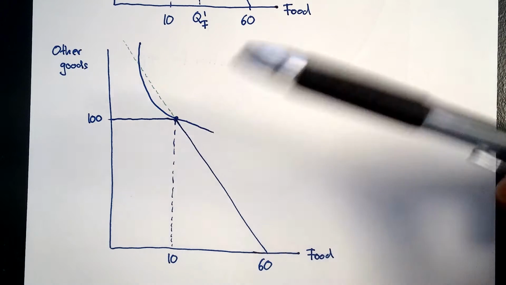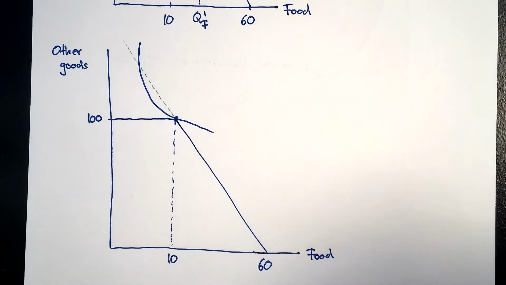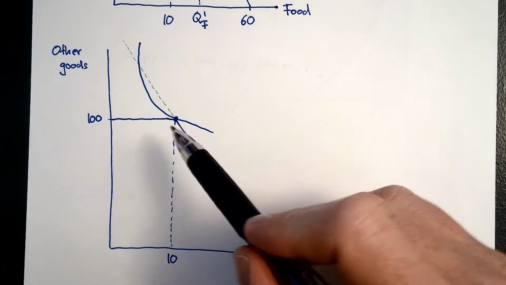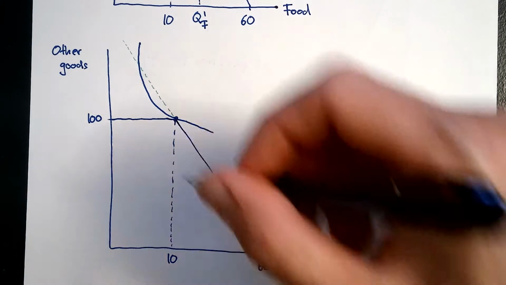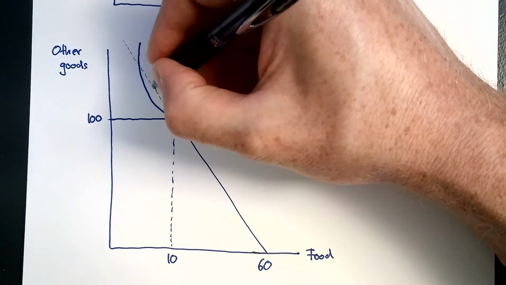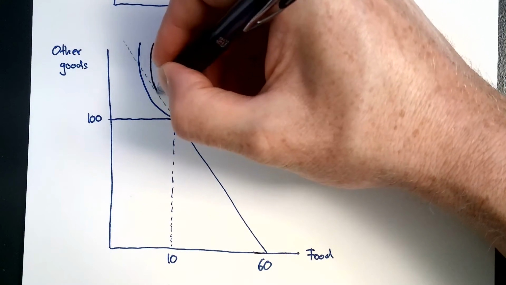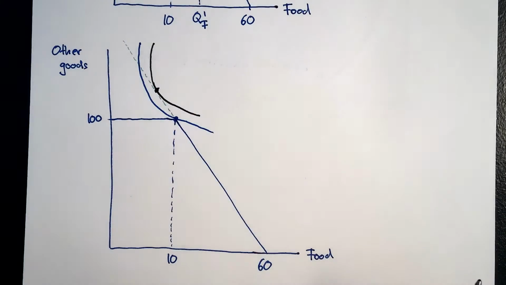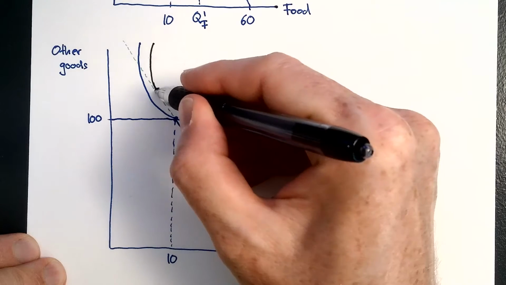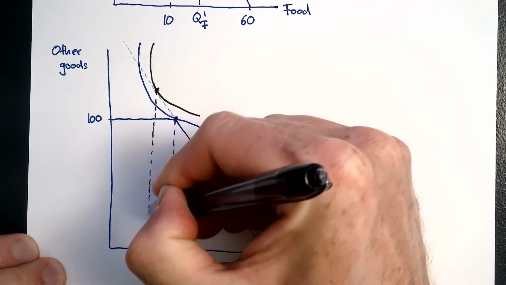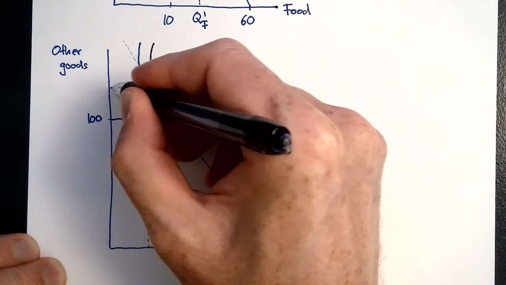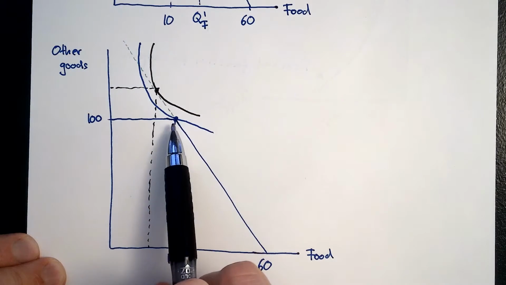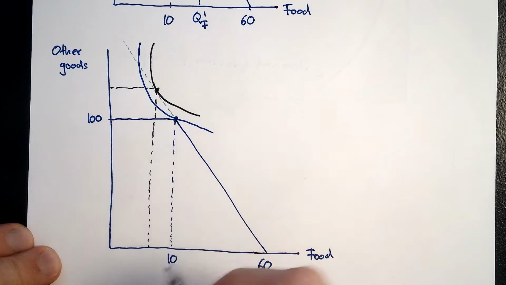But if we have a cash payment instead, then the consumer would not consume here anymore, but would be able to consume at this point here. Now, how is this point different from the original consumption bundle with the food stamps? First of all, we can see that the consumer is going to purchase less food.